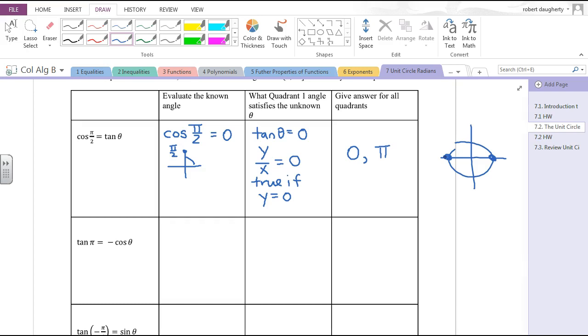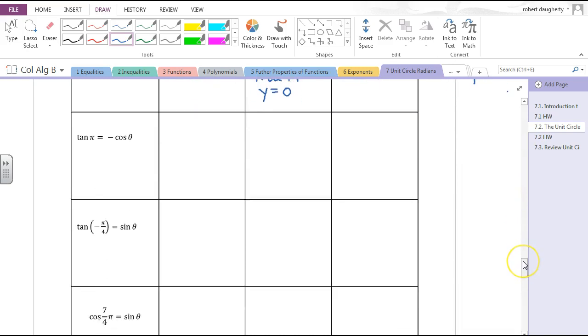Tangent of pi is equal to negative cosine of theta. Okay? So tangent of pi is negative cosine of theta. Figure out the tangent of pi. Remember where pi is on the unit circle, it's right here.